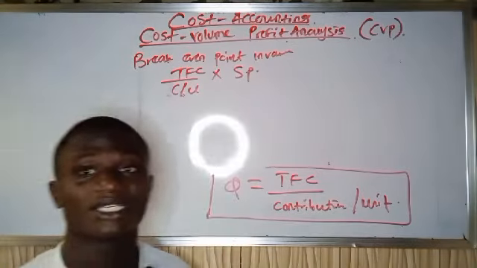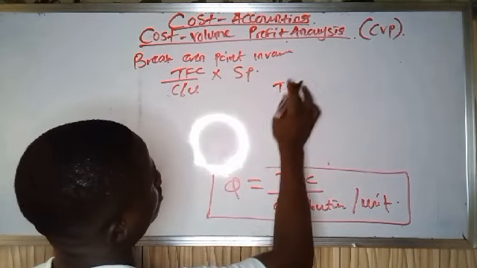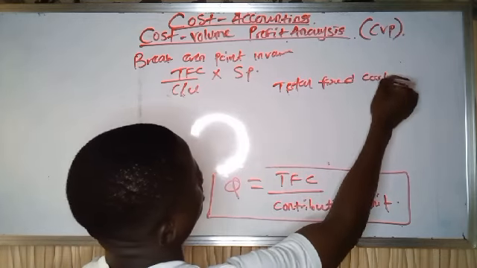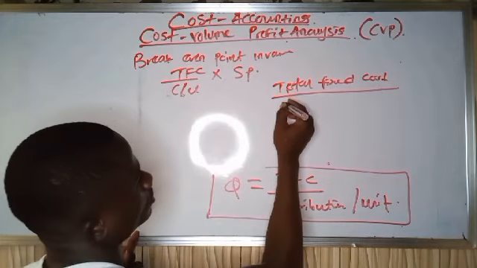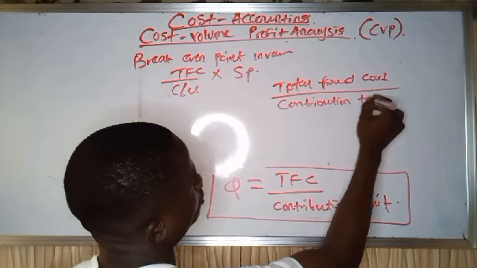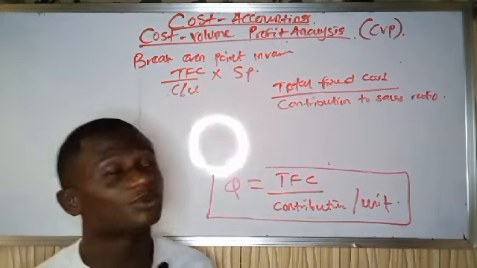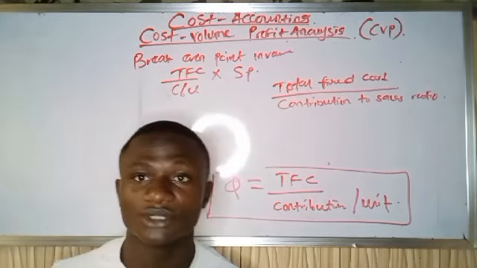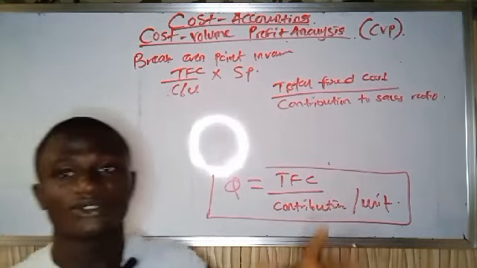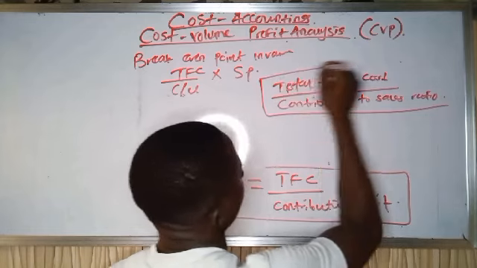Or if you don't want to use this formula, there's another formula that you can use, and that is simply total fixed cost divided by contribution to sales ratio. Now, if you don't want to use the formula of total fixed cost divided by contribution per unit times selling price to get your break even in value, this formula will straight away give you your break even in value.